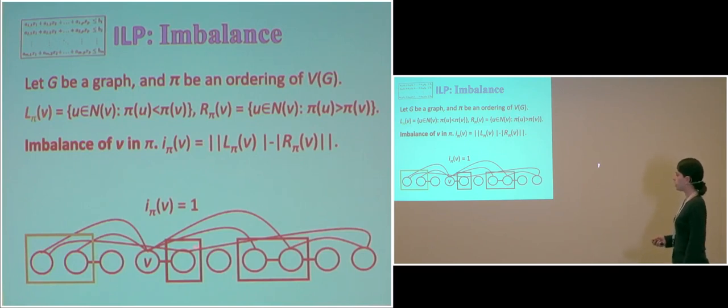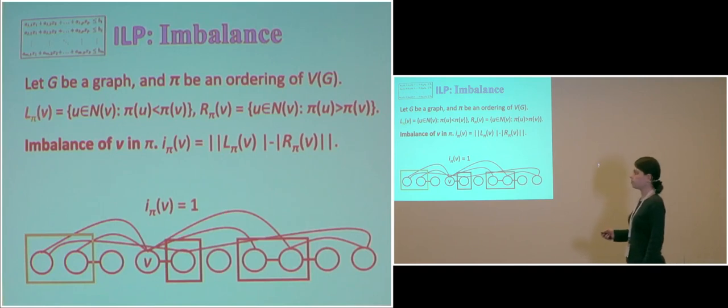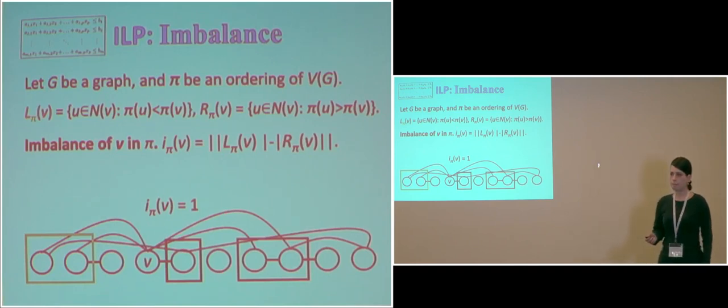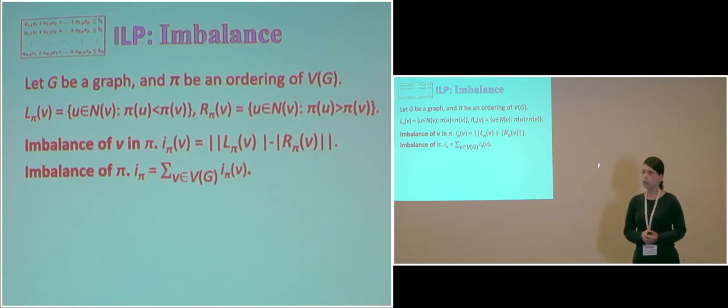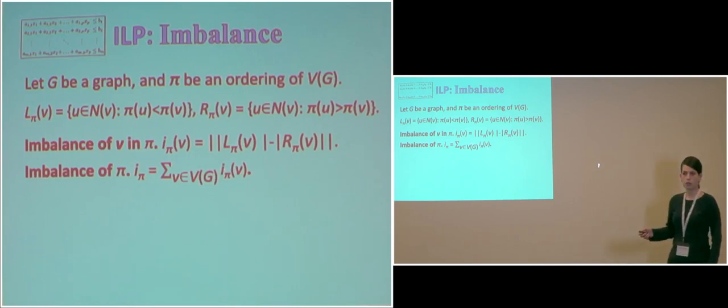In this example we have 3 minus 2, or 2 minus 3, absolute value, and we get 1. So this is the imbalance of a vertex V in the ordering. And what is the imbalance of the entire ordering? Just sum up the imbalances of the vertices. We take the sum of the imbalance of every vertex in our graph.